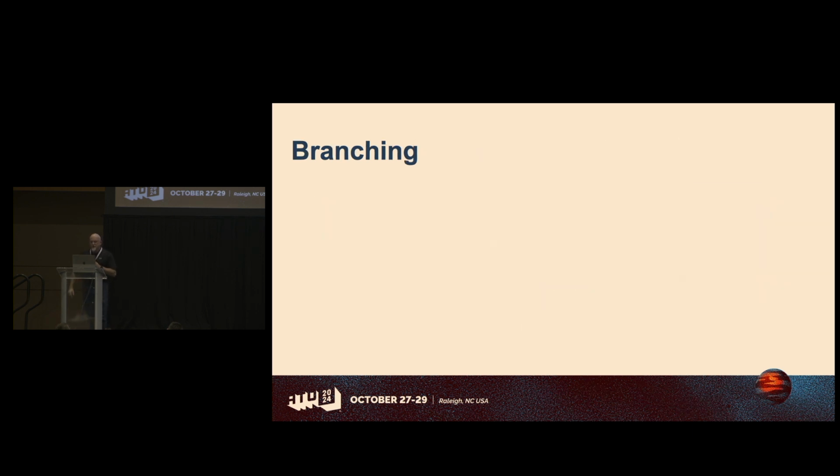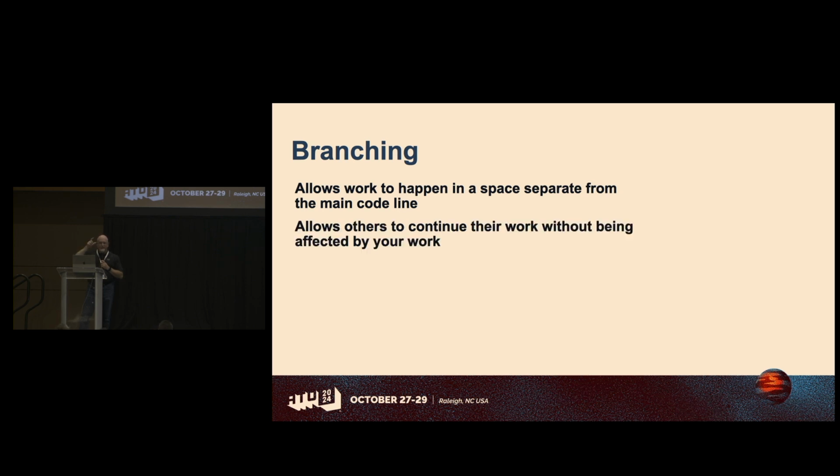So I mentioned Git. One of the primary tools that Git gives us is the ability to create branches from our main code line. There's a couple of things, and they're very tightly intertwined. It essentially gives you the ability to set up a space to work on new changes. I'm going to give you a kind of contrived example in a sec.